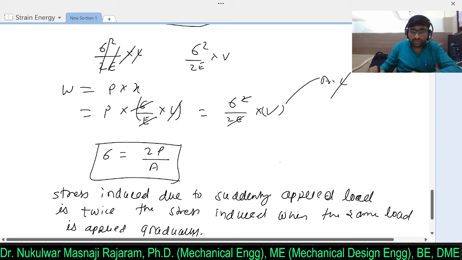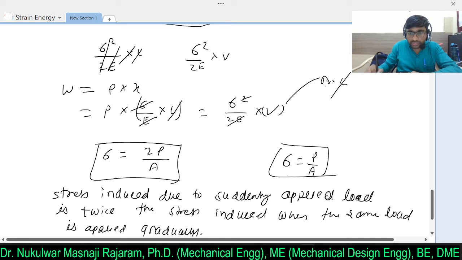Simple. So if you consider the gradually applied load, then stress is nothing but force divided by area, which we have considered earlier. Clear. Now here the stress is equal to 2p divided by area. Is that clear to everyone? So definitely it's twice what we had earlier.